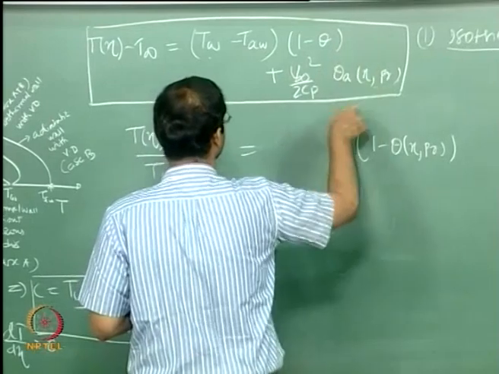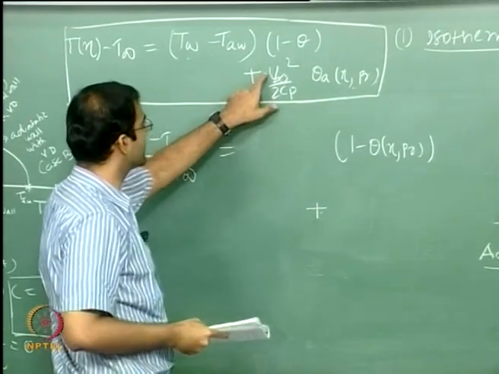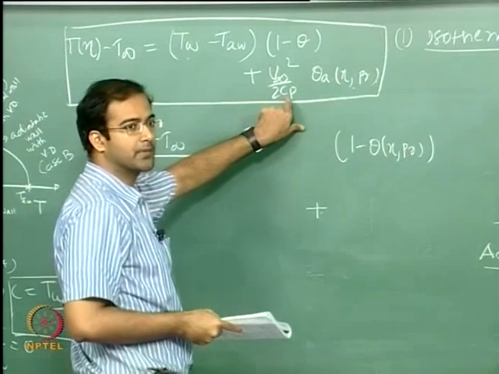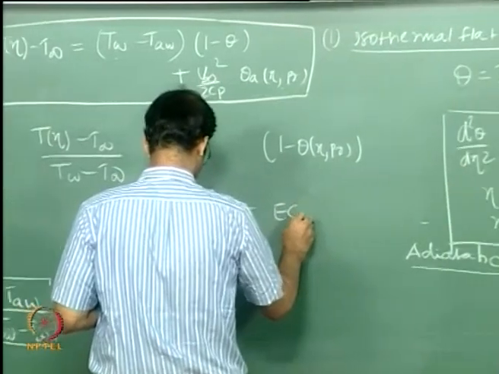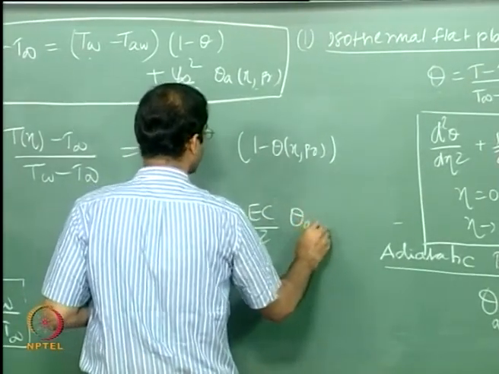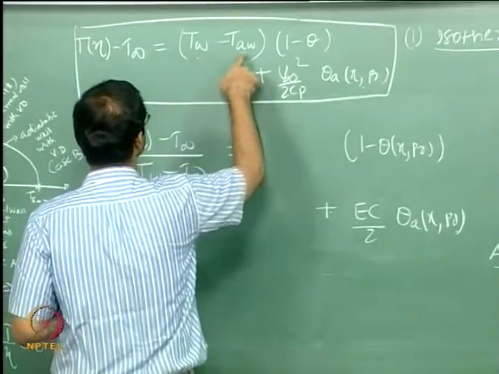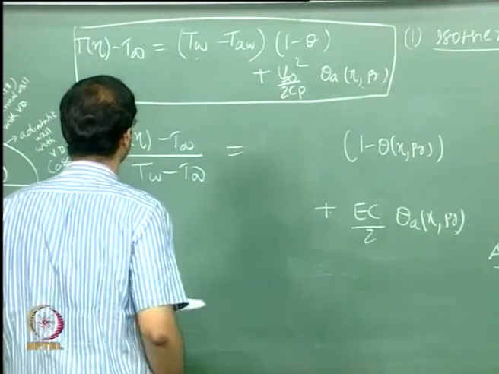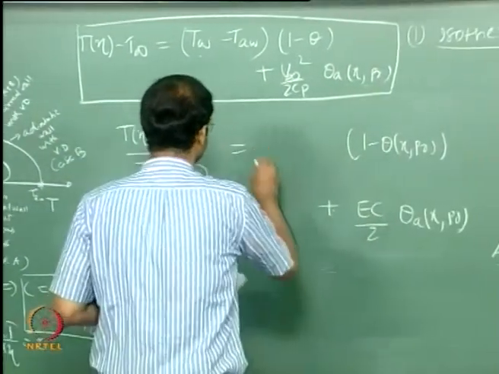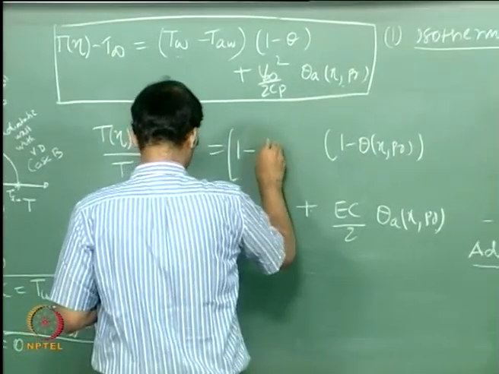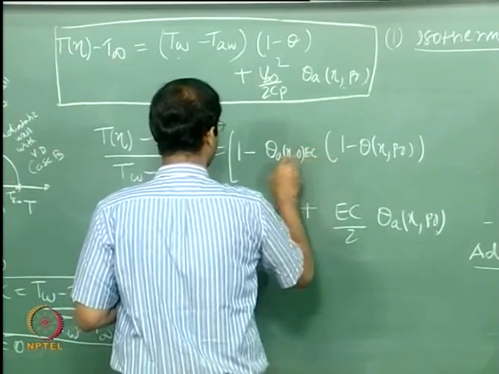If I divide it by T wall minus T infinity, u infinity square by Cp into T wall minus T infinity is the Eckert number. So Eckert number by 2 into theta A. Now coming to this part, T wall minus T adiabatic wall by T wall minus T infinity, you can just check, that can be written as 1 minus theta A at eta equal to 0 into Eckert number by 2.